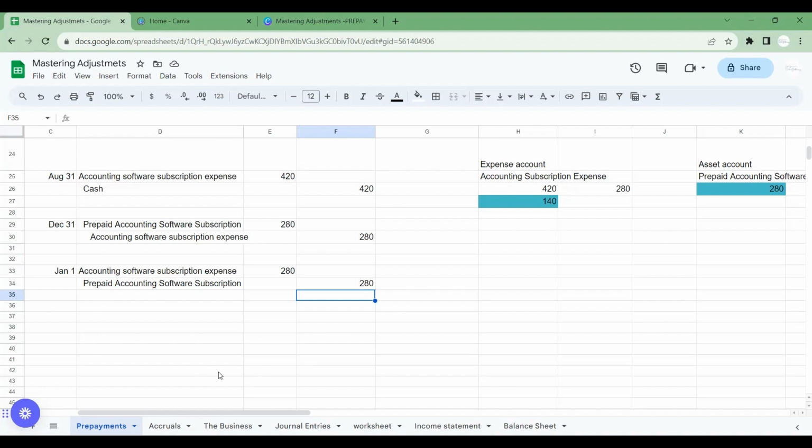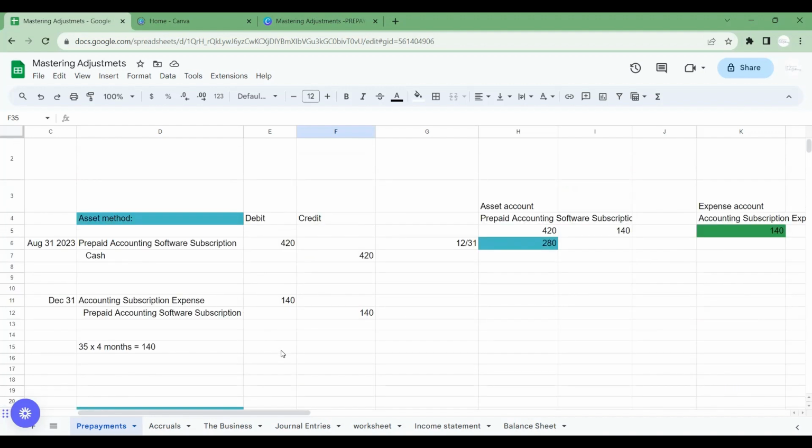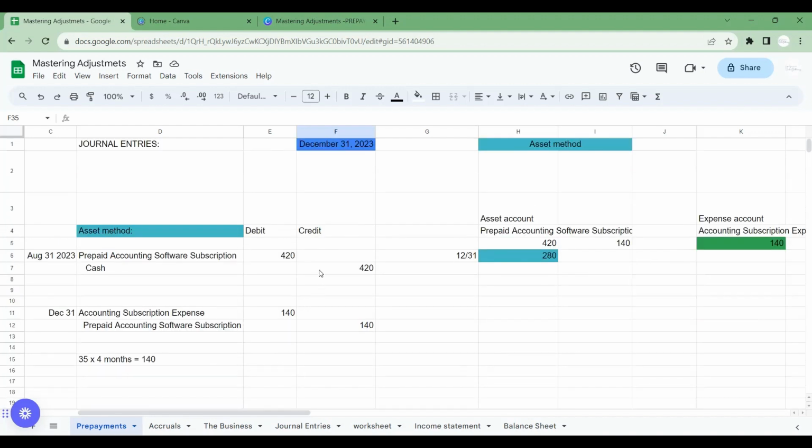And then you'll start again to prepare to get the expense portion of that 280 at the end of the accounting period. So that is how we account for the expense method and asset method of accounting for prepayments.